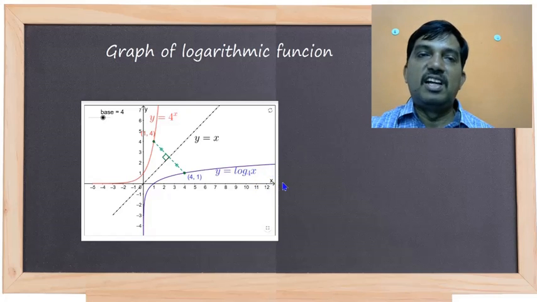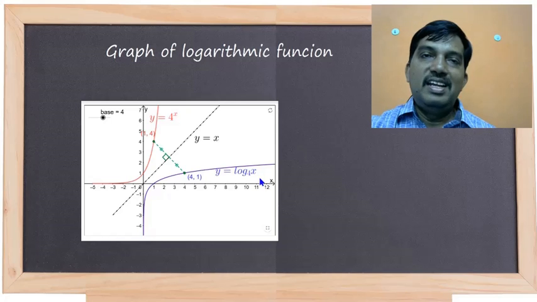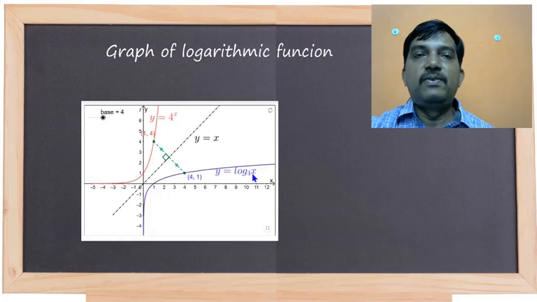It is beyond the graph. And when x is equal to 1 by 4, which means 4 power minus 1, log x is equal to minus 1. That is, the point is 1 by 4 comma minus 1, and 1 by 16 comma minus 2. If you plot these points and trace the graph, it will be a blue curve, as you can observe.